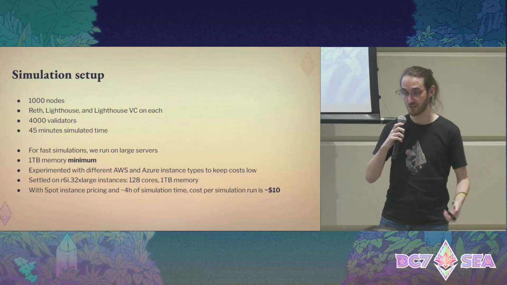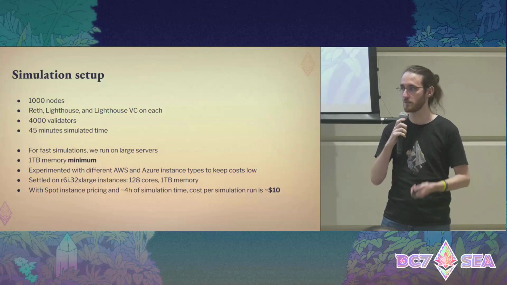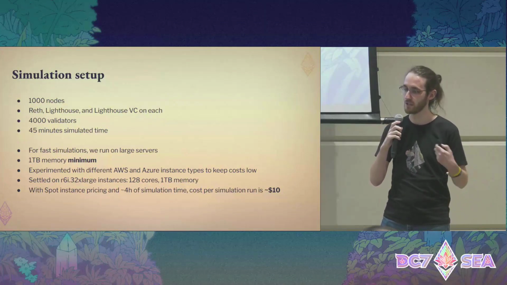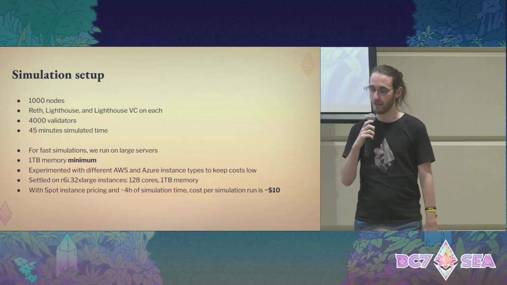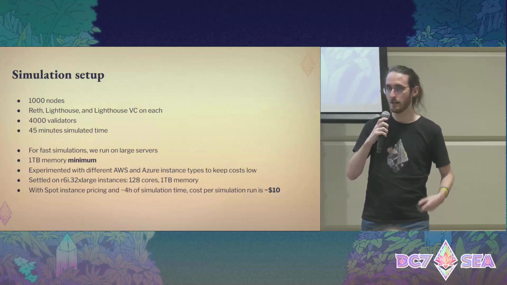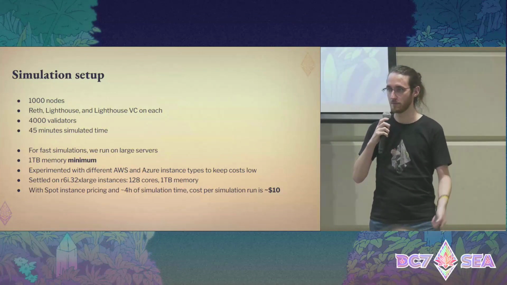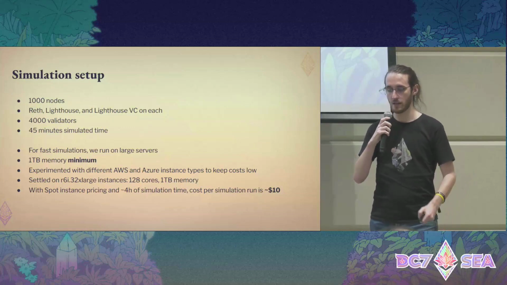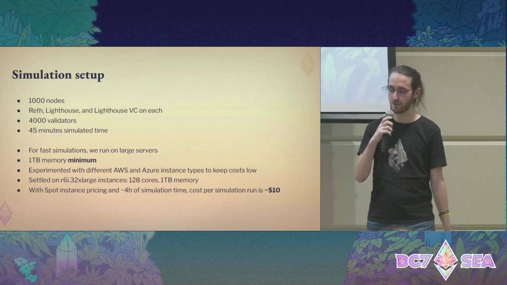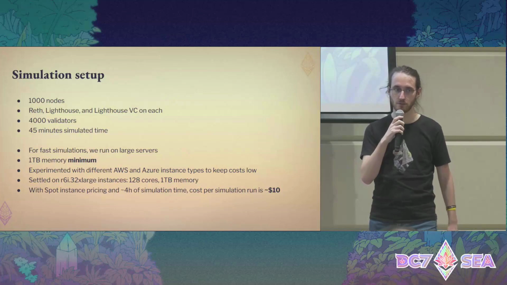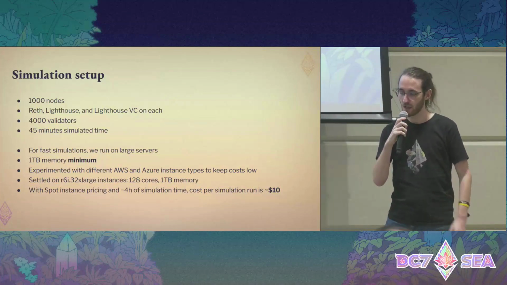For a large simulation like this, we want to run on some server that is sufficiently large so that the simulation is fast enough for us. I experimented around a lot to get nice performance going, and settled on a certain instance type. You can see it there if you want to run your own simulations with this size.